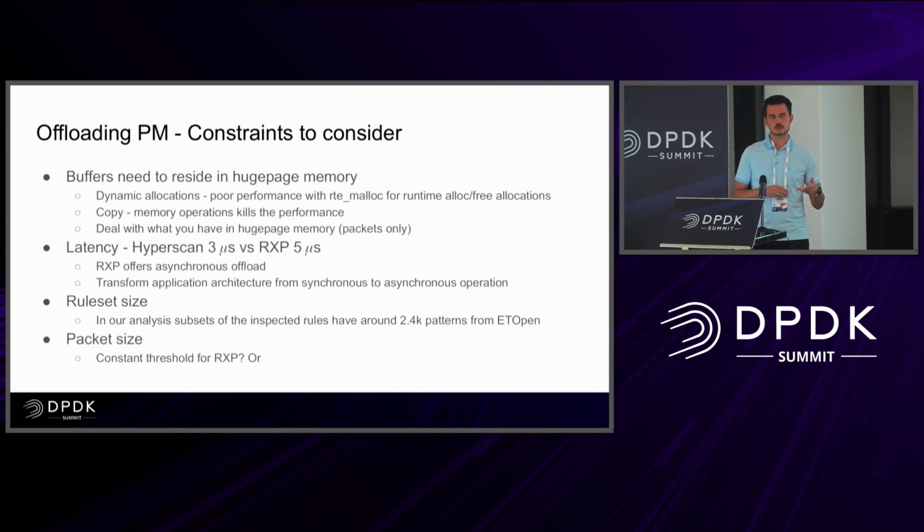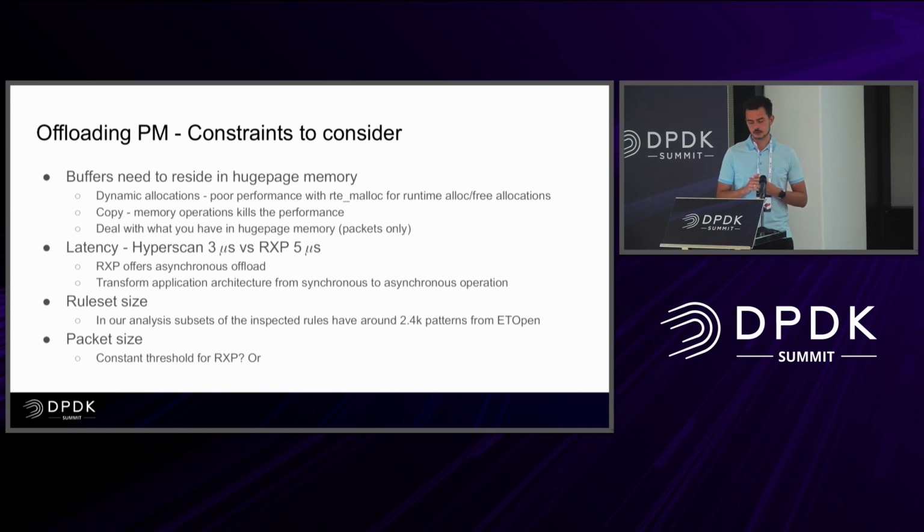That's why we focused mainly on the packet payloads only, because packets are residing in the huge page memory because we use DPDK. And we can send the packet payloads directly to the RXP engine.